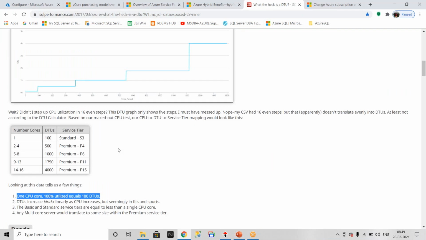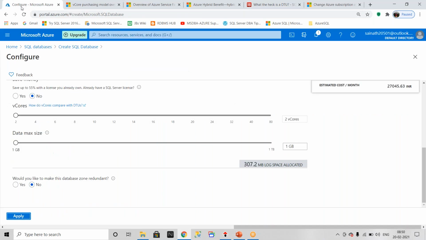This block is also telling it is just focusing on the vCore, because you are changing the purchasing model from DTU to vCore, right? Based on how many DTUs you have, you can calculate the vCore. If your current database is running at 100 DTUs, you can go for 1 vCore, but your database will start with 2 vCores.